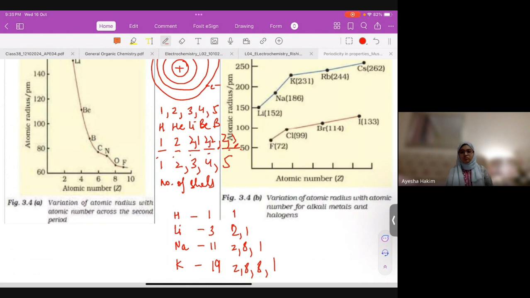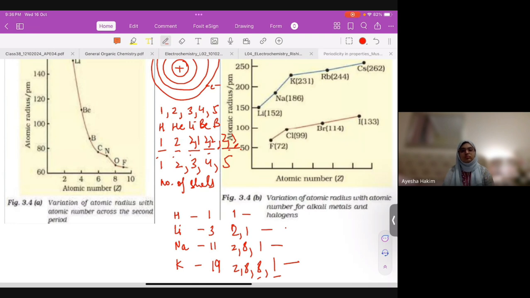So down the group, along with the nuclear charge, my shells are also increasing, and their distance from the nucleus will increase.